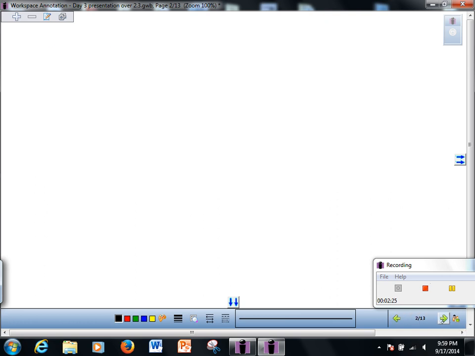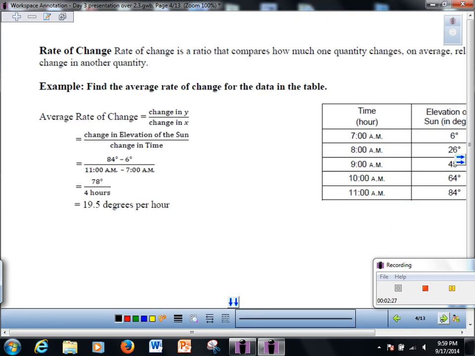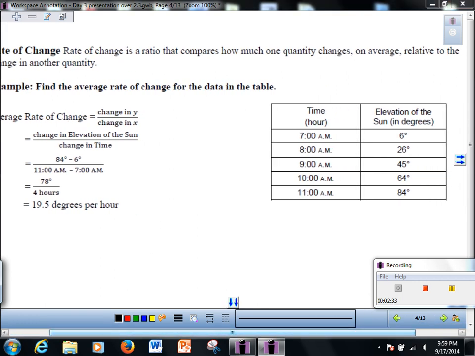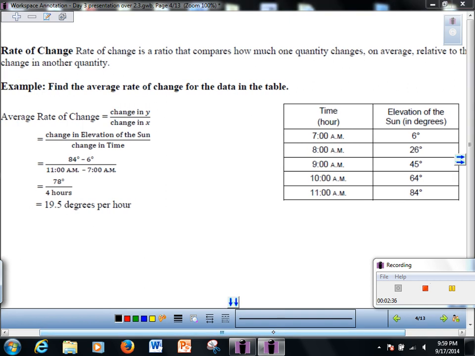If you will, look at your class notes that look like this. This should be the first example that you see. It says, find the average rate of change for the data in the table. The hardest part on finding the average rate of change is you need to decide what your units should be.